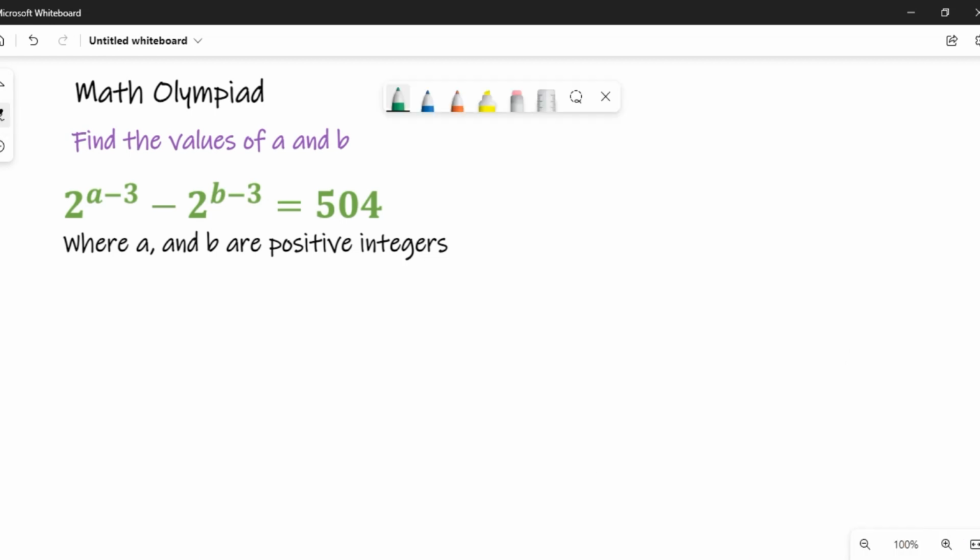To solve this question, first of all, we are going to simplify this expression. To simplify it, I want you to recall the law of indices that says a raised to the power x plus y is equal to a^x multiplied by a^y.